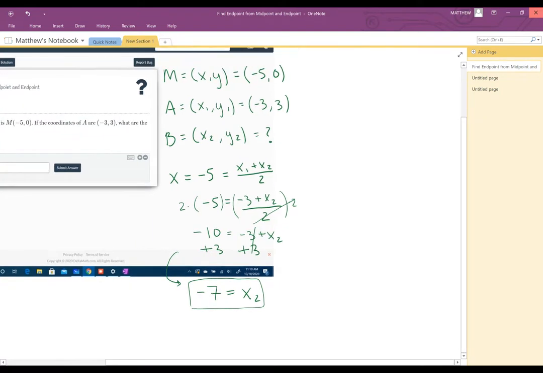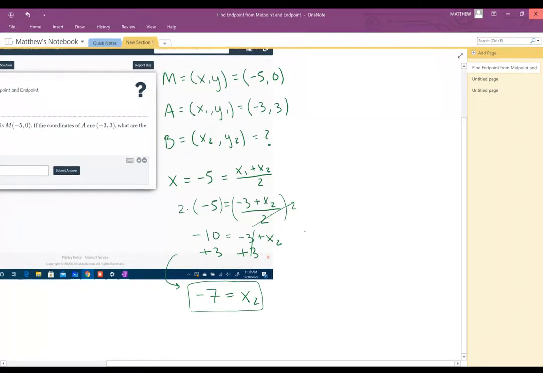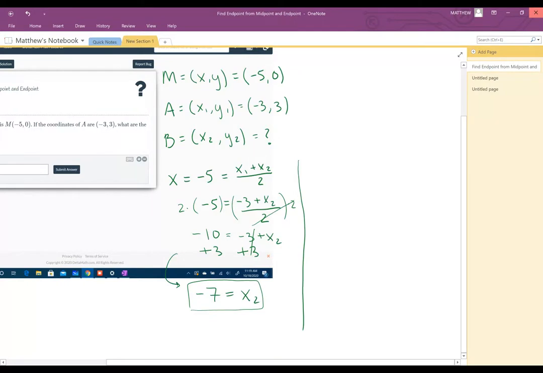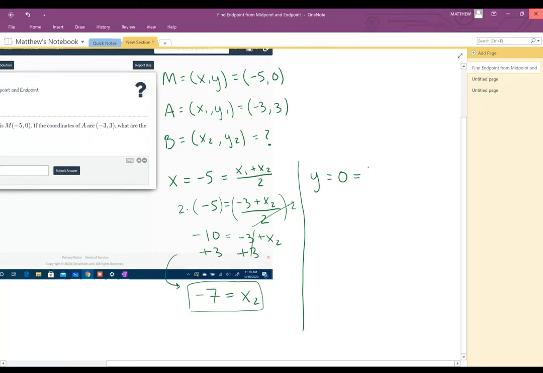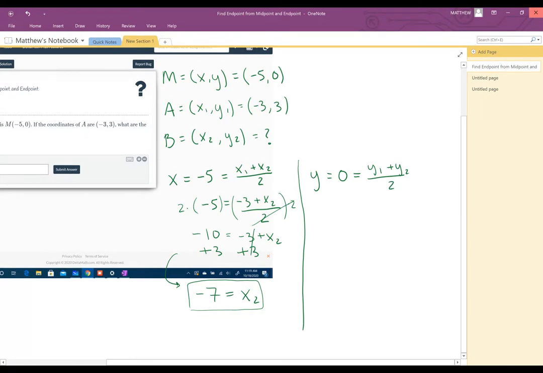I'm going to repeat the same method to find my y2 coordinate. So I know from the midpoint that the y value of the midpoint is equal to 0. And I know from the midpoint formula that 0 is equal to y1 plus y2 divided by 2.